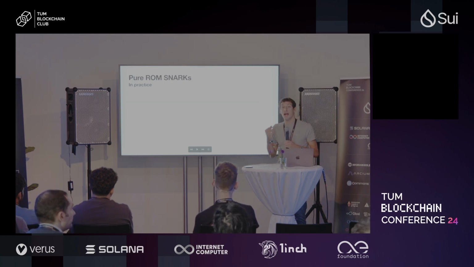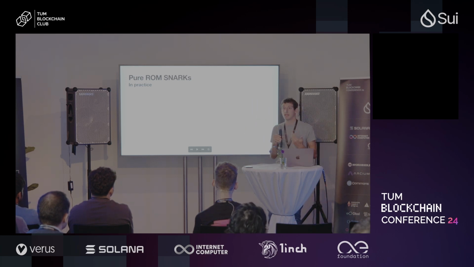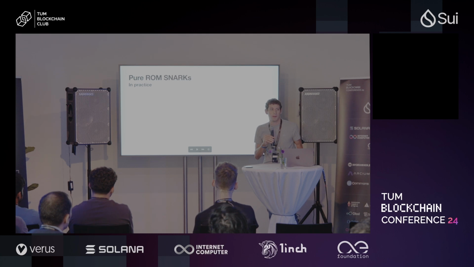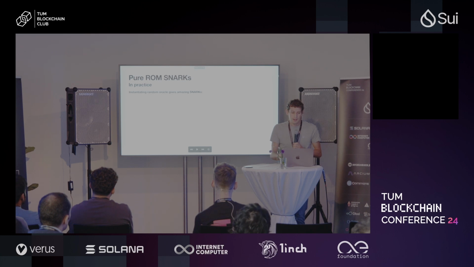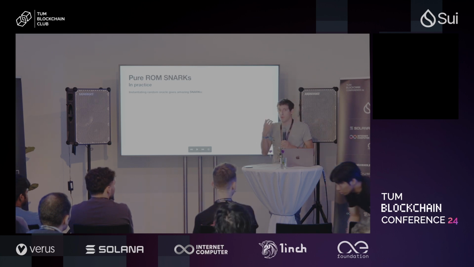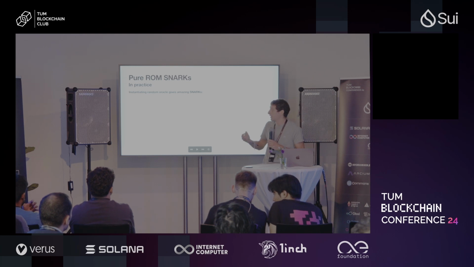Okay. Why do we care about pure random oracle SNARKs? Intuitively, you would say that adding more assumptions, adding more algebra, will give you faster and better protocols. So why would I purposely restrict myself to just a random oracle? The reason is that when you have a pure ROM SNARK, the heuristic instantiation gives SNARKs which have amazing features in practice.